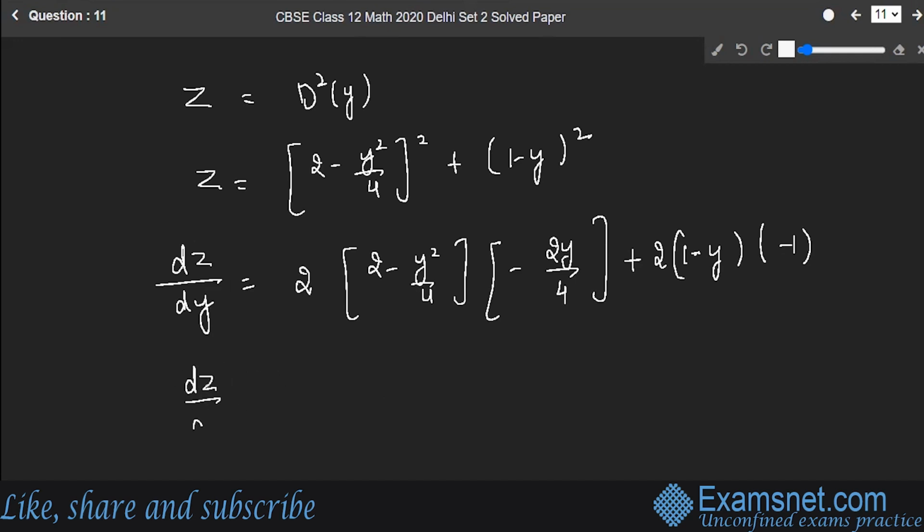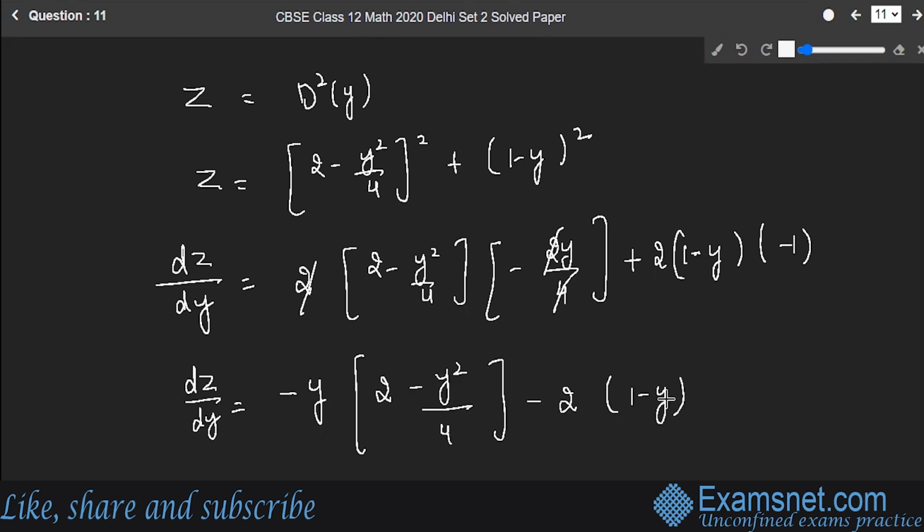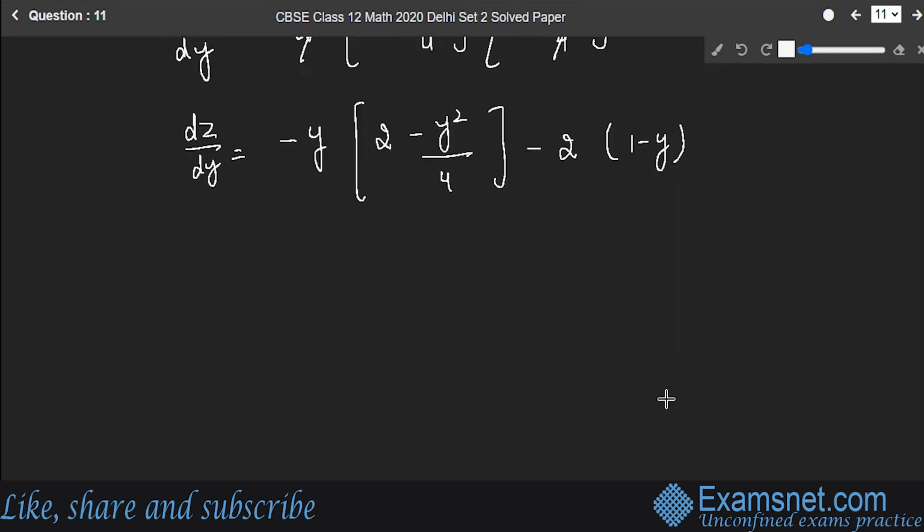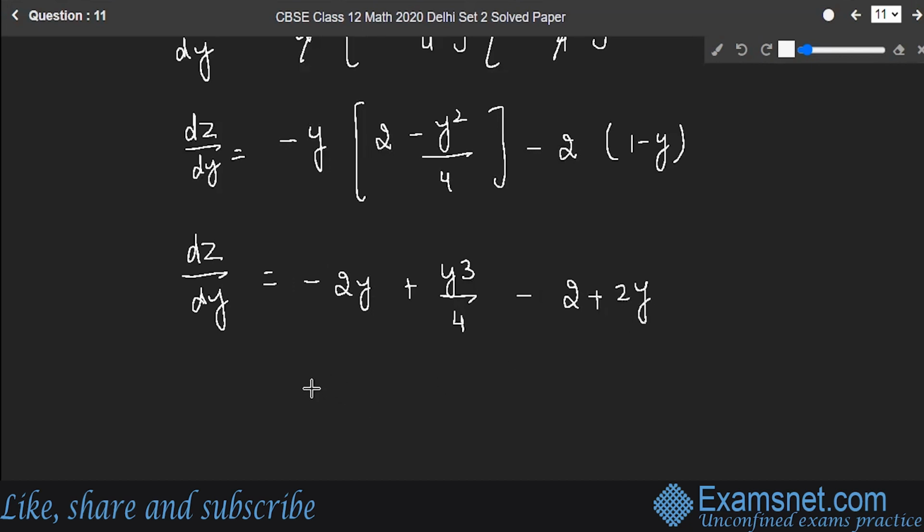So dz upon dy is equal to minus y into (2 minus y square upon 4) minus 2 into (1 minus y). See, this 2 and this 2 and this 4 get cancelled. Hope you are clear till this. So dz upon dy is equal to minus 2y plus y cube upon 4 minus 2 plus 2y, or dz upon dy is equal to y cube upon 4 minus 2.